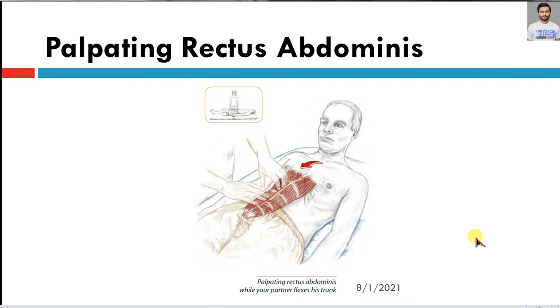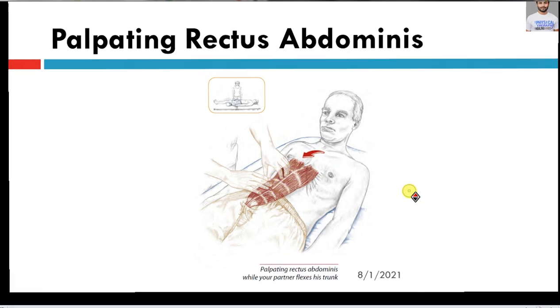Rectus abdominis can be palpated very easily if you ask your partner or patient to lie supine and then try to flex or raise up. This is the most anterior part of your tummy, and it becomes tensed and very taut in the midline, and that is the region where the rectus abdominis is.